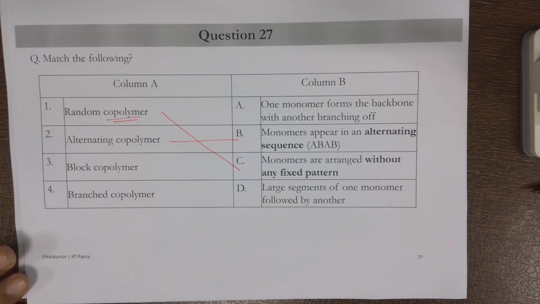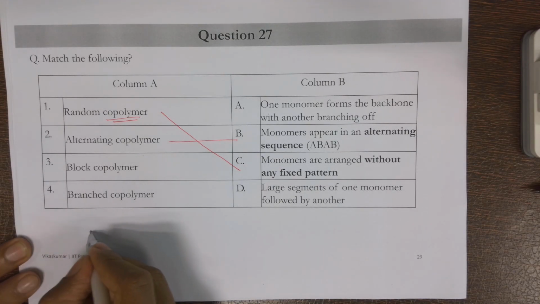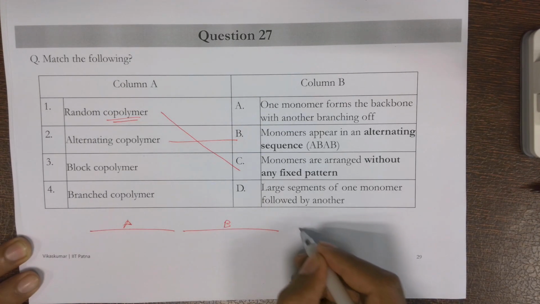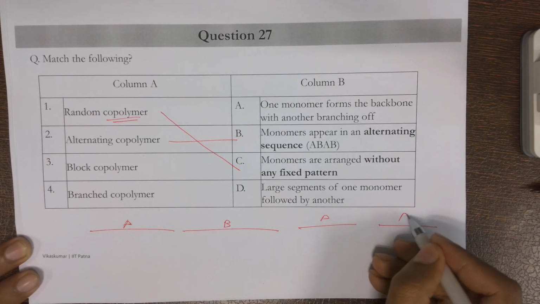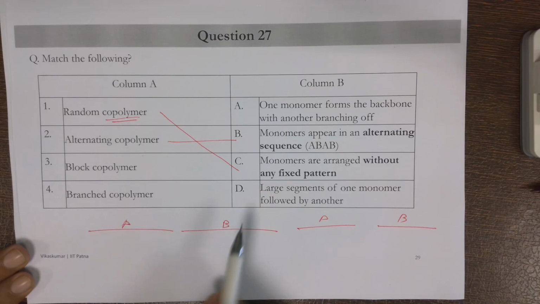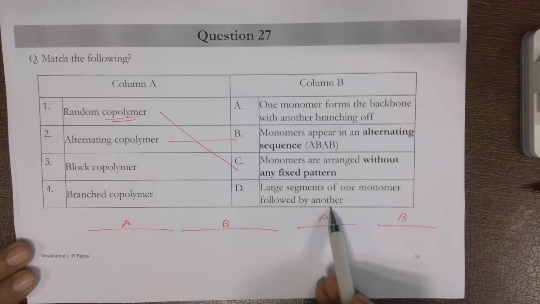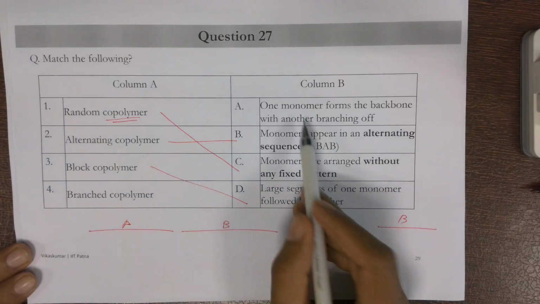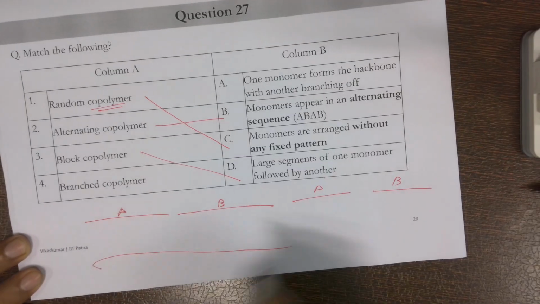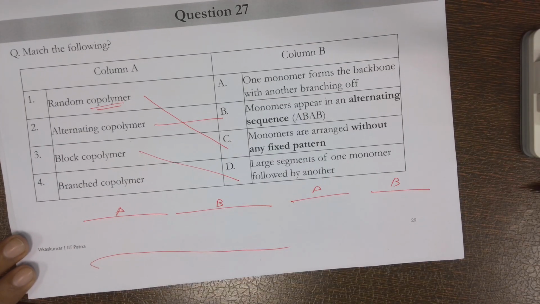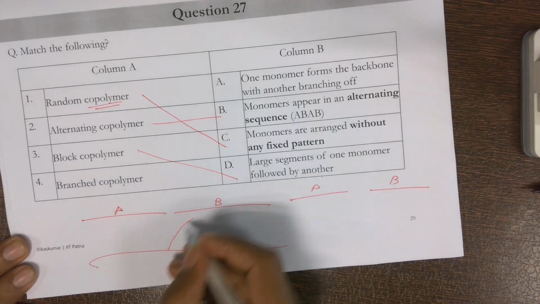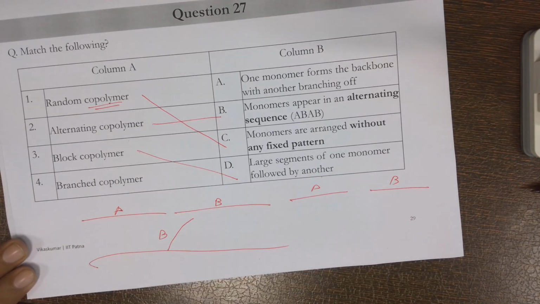Block copolymer means that one block of A will be followed by B, again followed by A, and then by B. So we can say that the last segment of one monomer is followed by the other. And in a branch copolymer, for example, A is forming the backbone, and the polymer B is forming the branching.